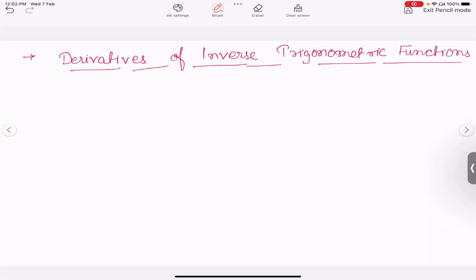So we'll first write down the domain and range of the functions for the sake of completeness, and then we'll proceed.